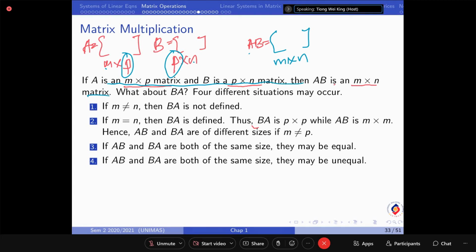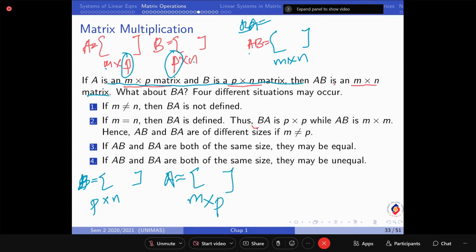Now another thing is, what about BA? What if we want to find BA? Say we rewrite again so that it's easier to visualize. B is P by N size, and A is M by P. We want to find BA.